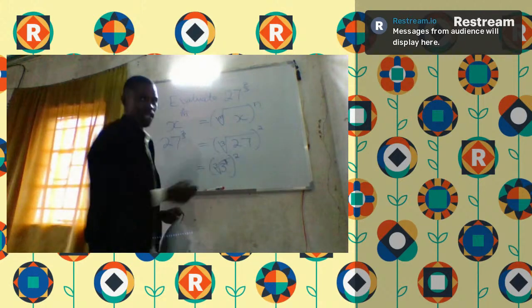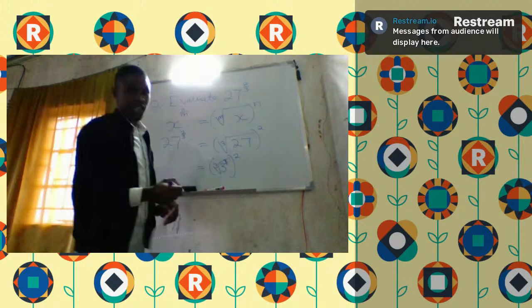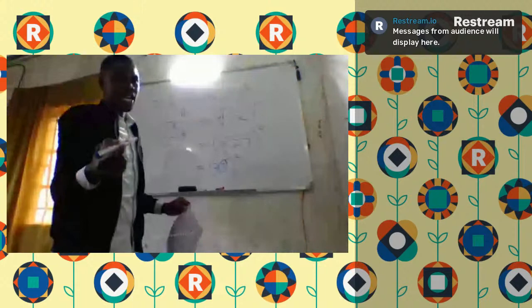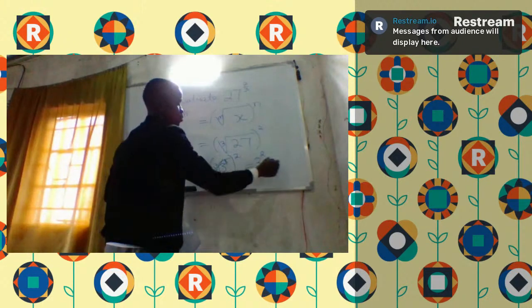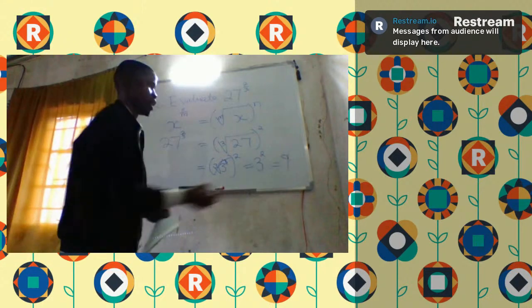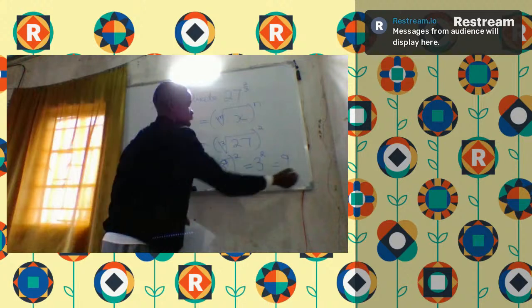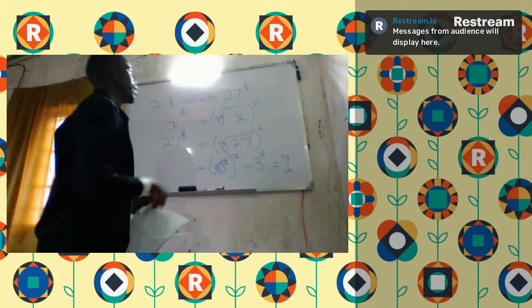The cube and the cube root are going to cancel out, and we are going to remain with 3 to the power 2, and it will be equal to 9. So 9 is going to be our answer.